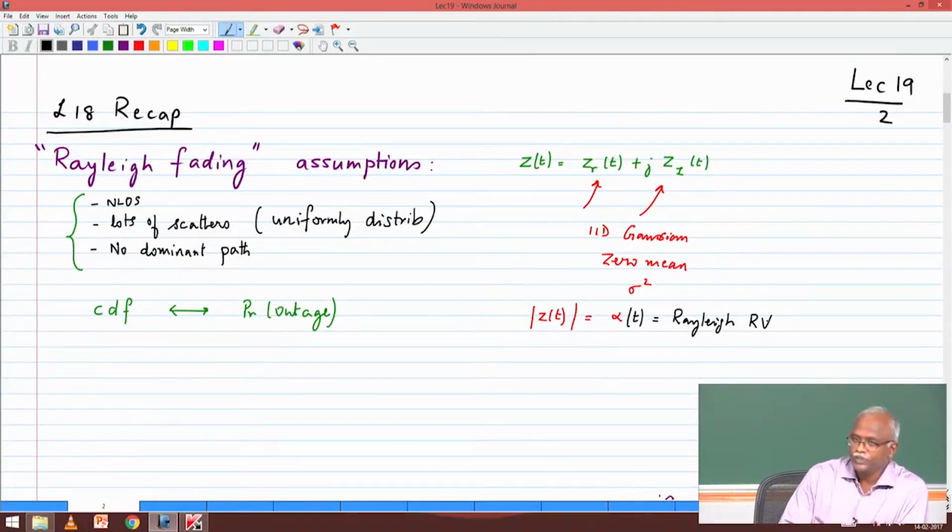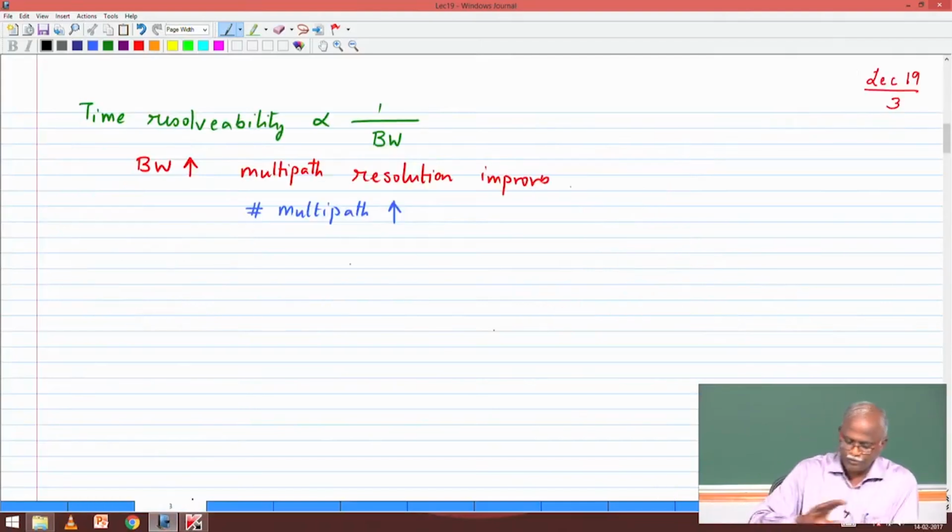Now in addition to this, we also introduced the notion of time resolvability, and it's important for us to keep that picture in mind. Basically, time resolvability in signal processing or in communications is inversely proportional to the bandwidth of the signal, and as you increase the bandwidth of the signal, your time resolution improves.